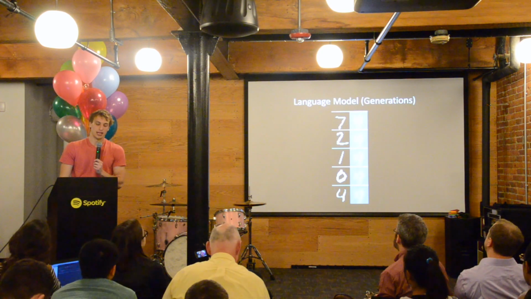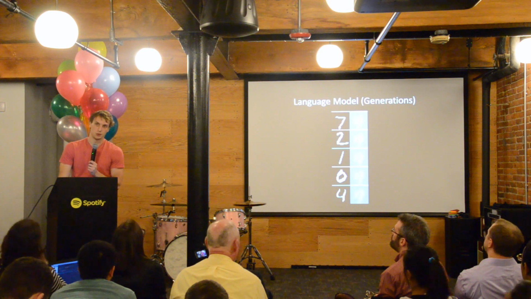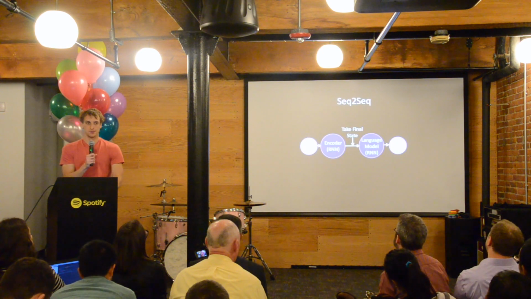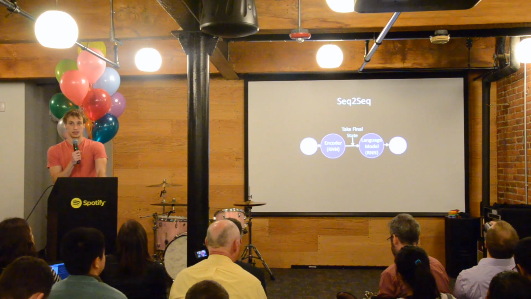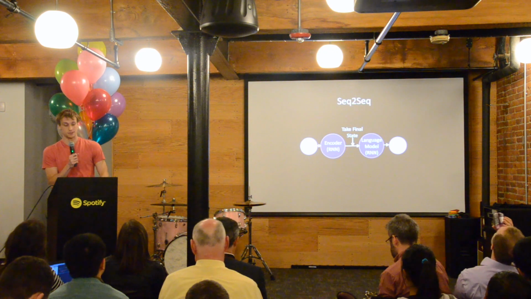So to solve this, I split up the task into 2 discrete stages, and this is called sequence-to-sequence modeling. First we take the input, and we have an encoder RNN. The encoder RNN would take something like the 6 and look at each element of the 6 sequence.